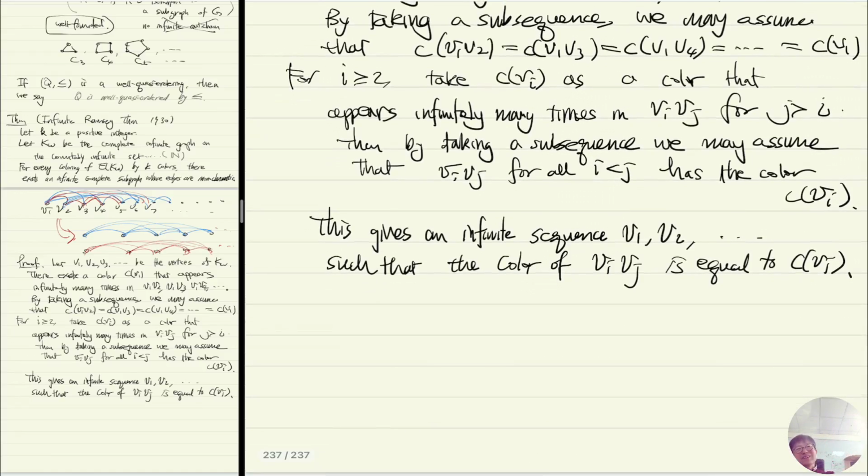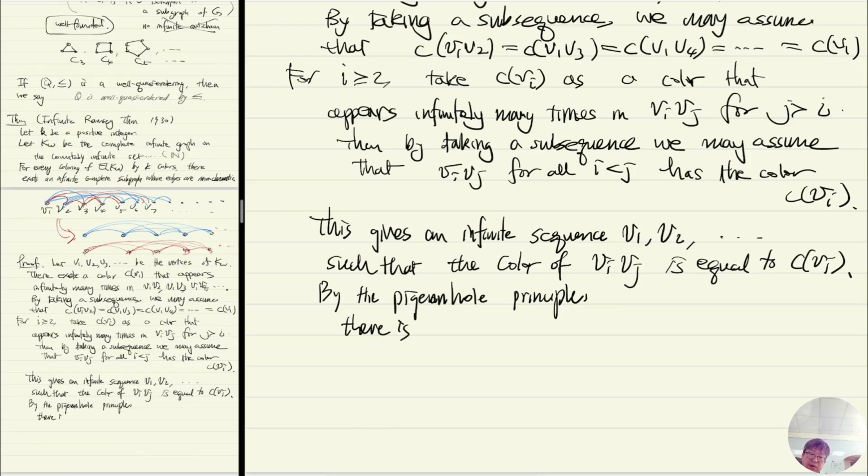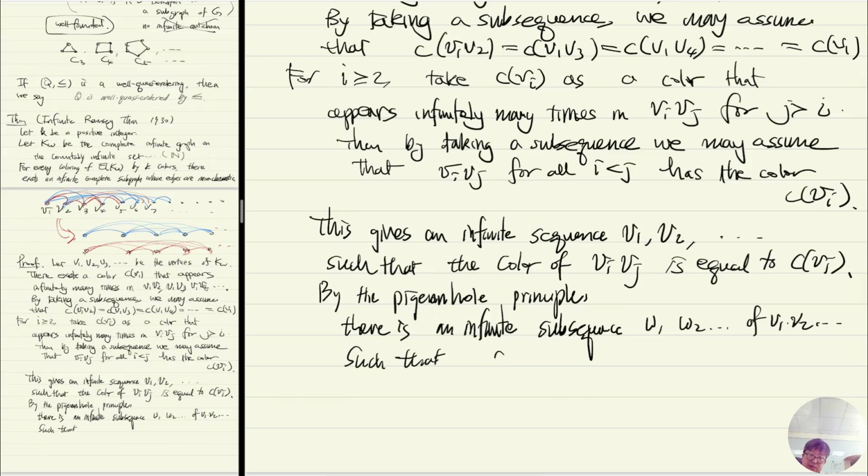Now, this graph is still not monochromatic, but by the pigeonhole principle, this again has an infinite subsequence w1, w2, ... of v1, v2, ... such that c(w1), c(w2), all these numbers are the same.